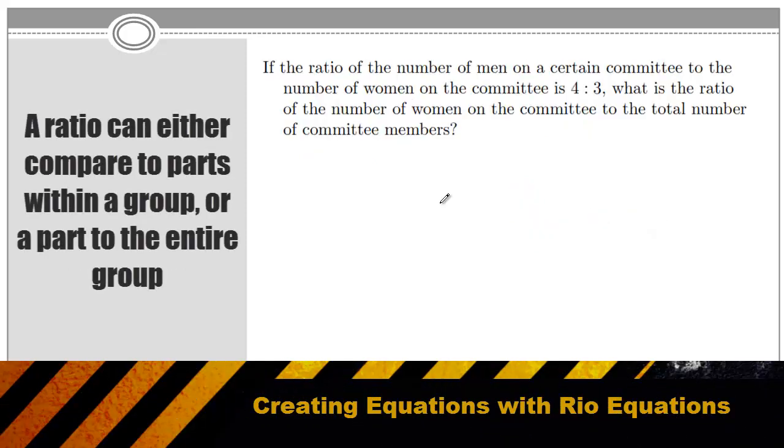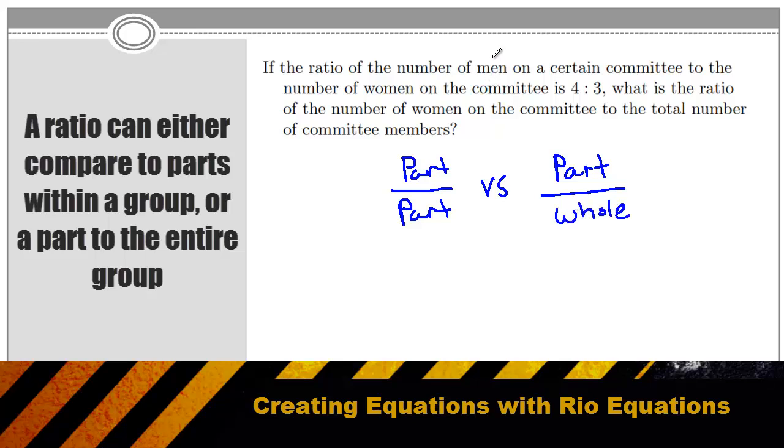Ratios can either be comparing two subsets within a group, or they can be comparing one subset to the entire group. Or we could write that as the part over the part versus the part over the whole. In this case, we start off comparing the men versus the women in the group, or the part versus the part.